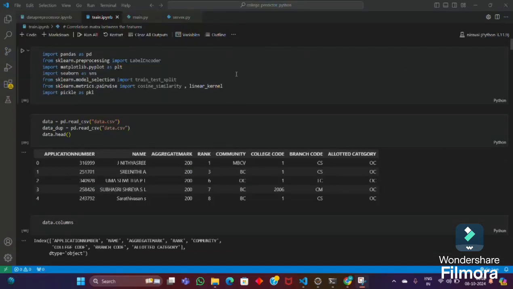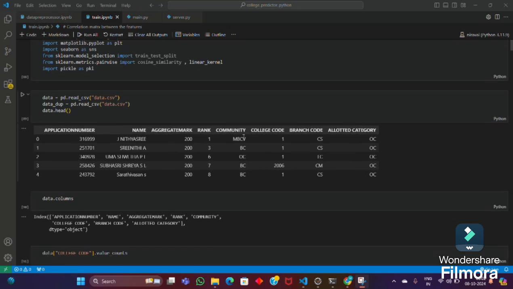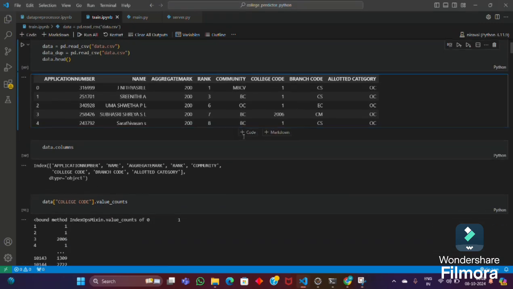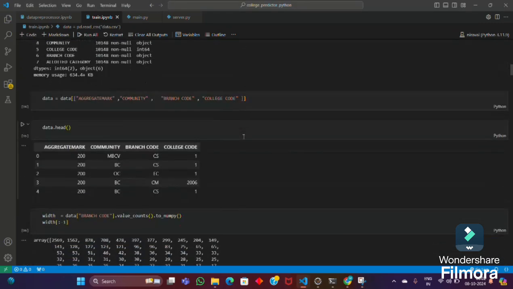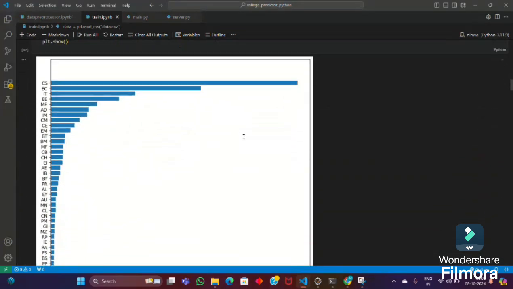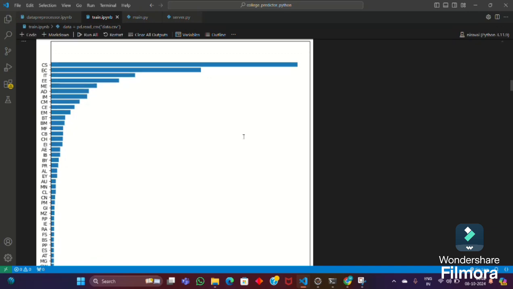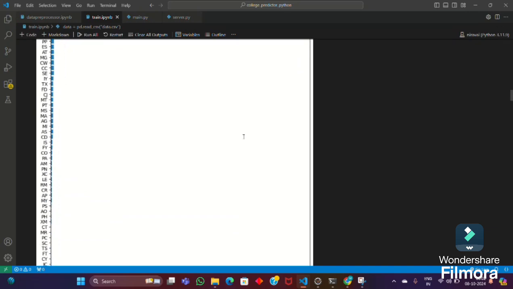This is my second project, called prediction based on the cutoff mark, the community, and the desired group they want to join. I just downloaded the previous year's data from the TNEA website, and then I did some pre-processing, and I also did plotting for analysis purposes.